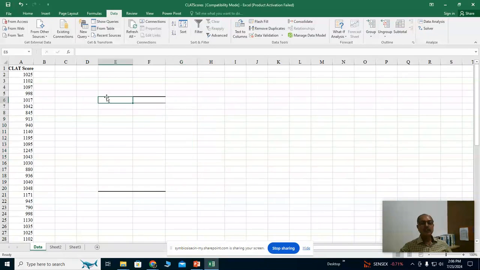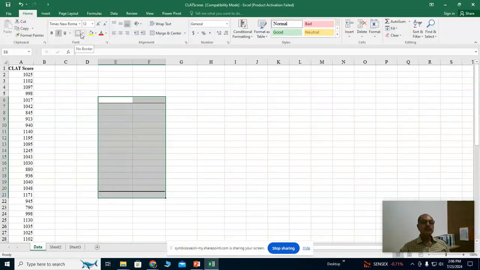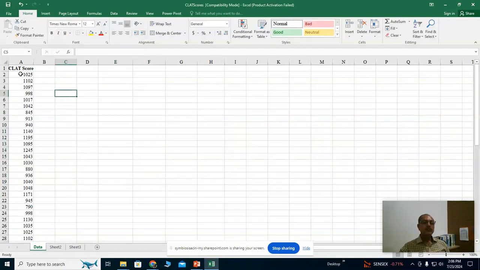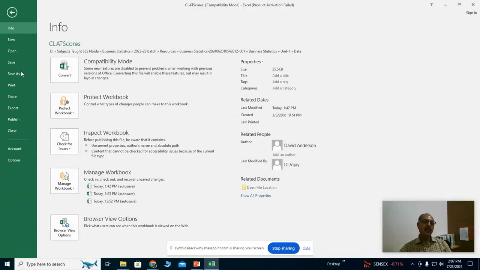So here, if you want to calculate the data, this is the CLAT score data we have. If you want to calculate the descriptive statistics, whatever I have discussed, you need to add one function here.